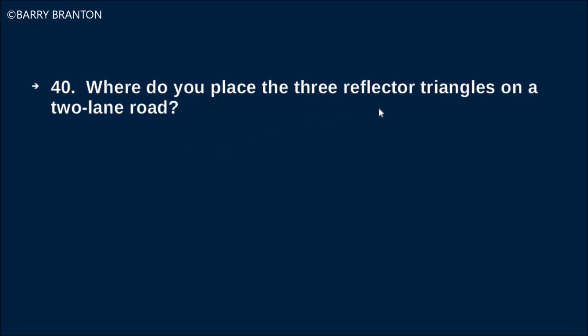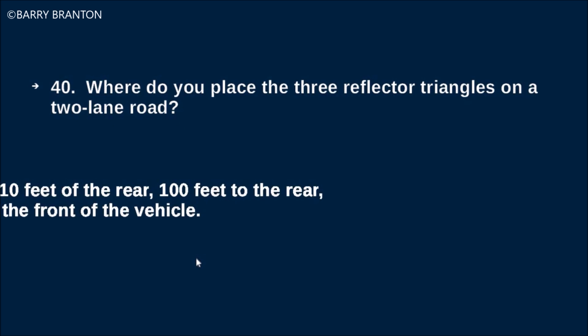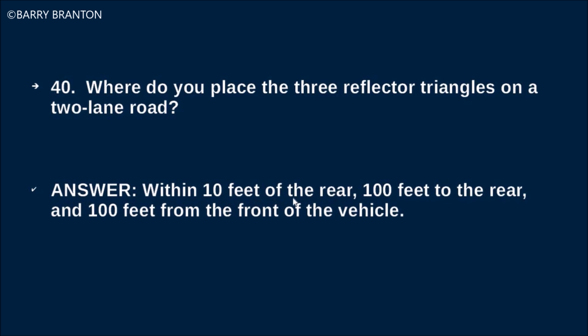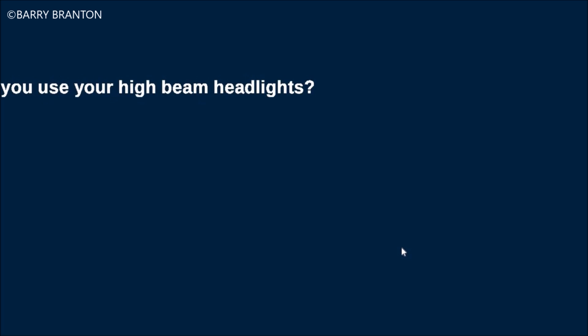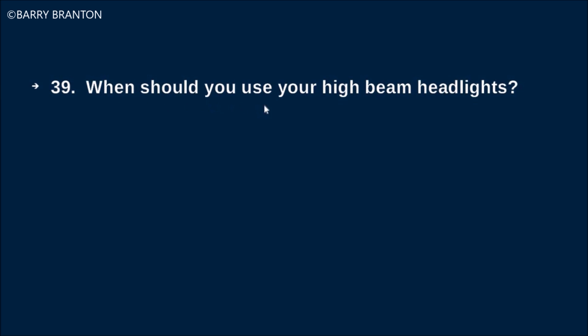Where do you place the 3 reflective triangles on a 2-lane road? Within 10 feet of the rear, 100 feet to the rear, and 100 feet from the front of the vehicle. When should you use your high beam headlights?